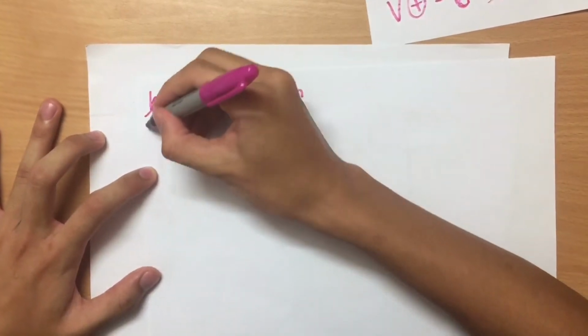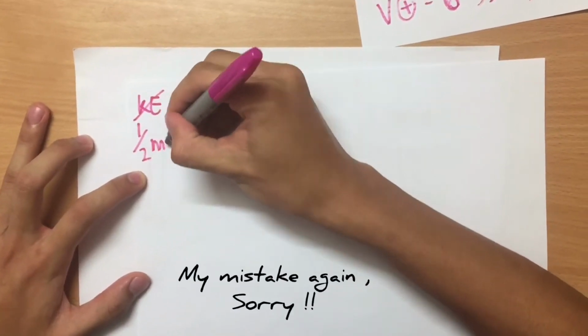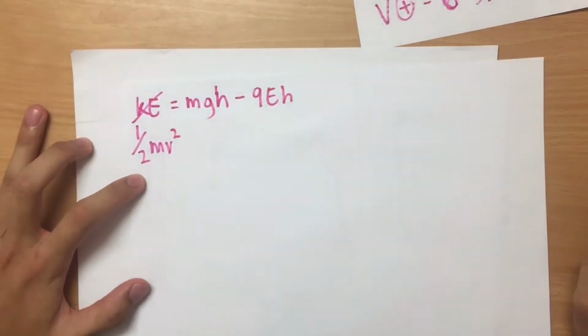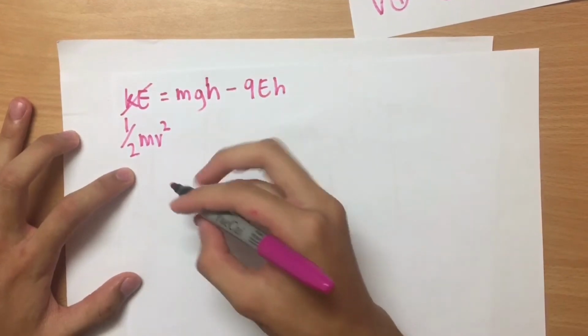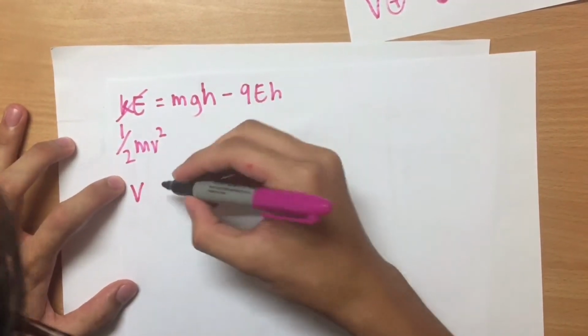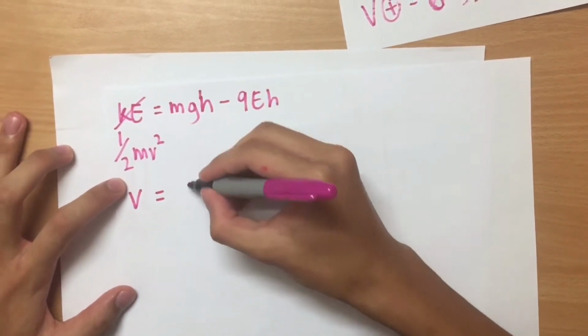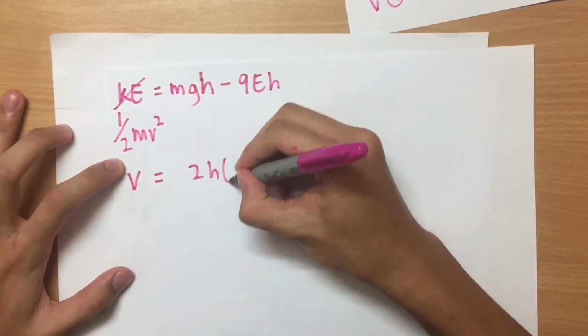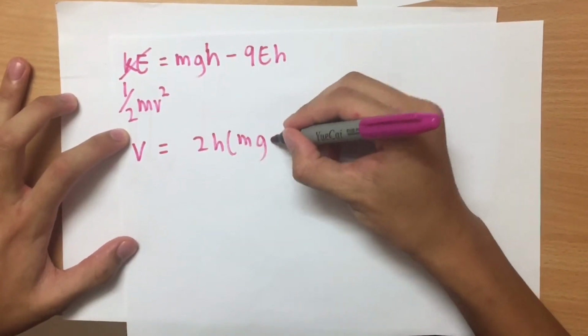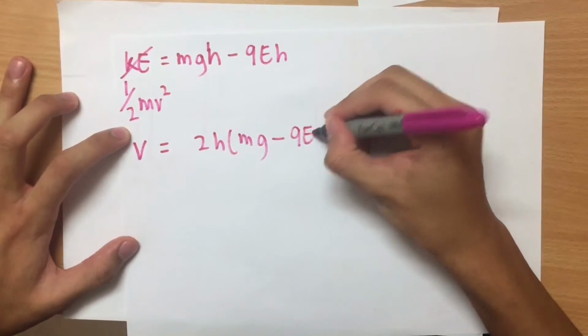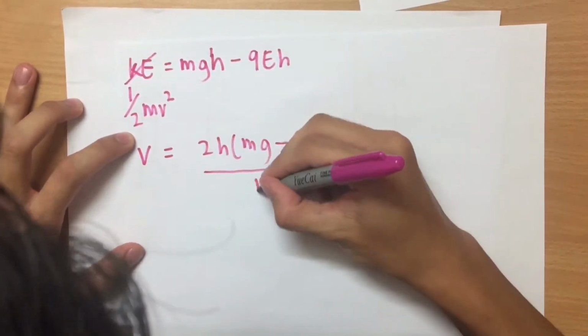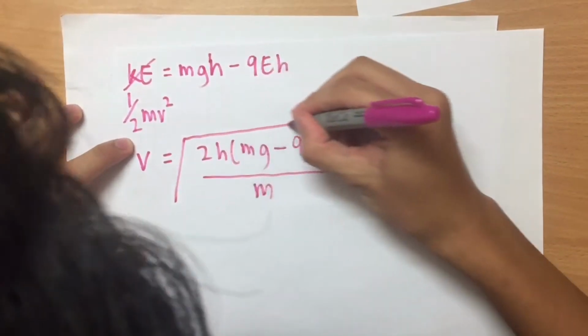Sorry, this is half mv squared. So from here we will find the v expression, which is square root of 2h(mg minus QE) over the mass.